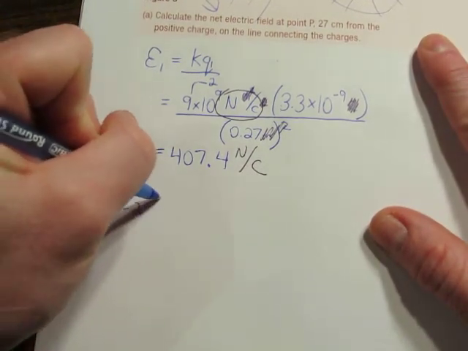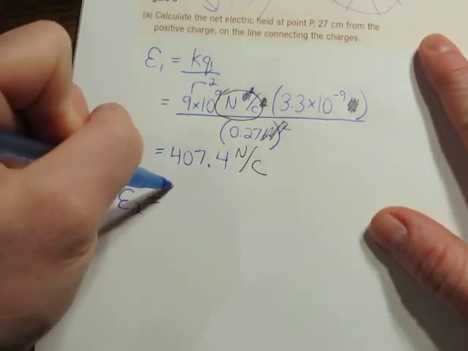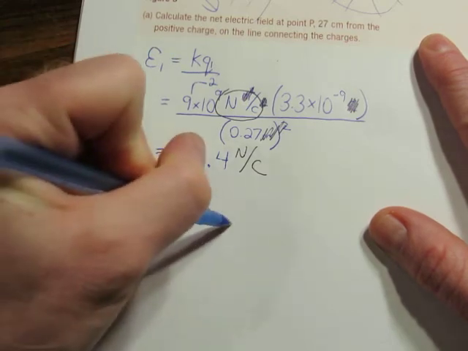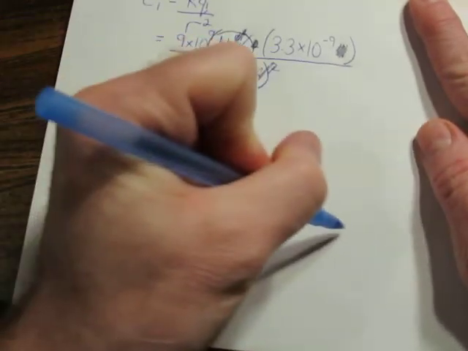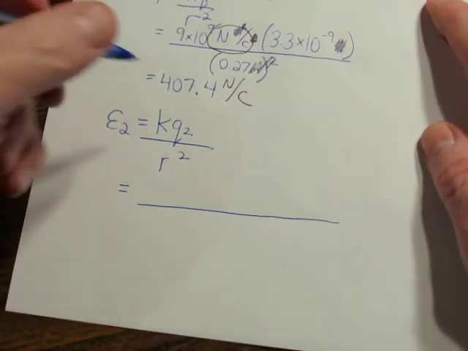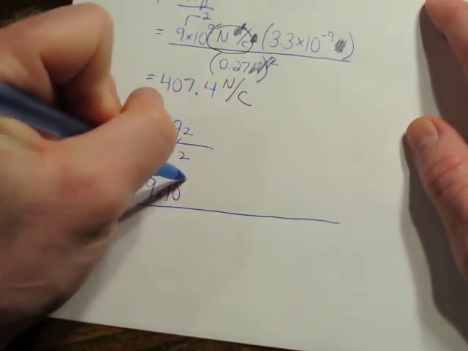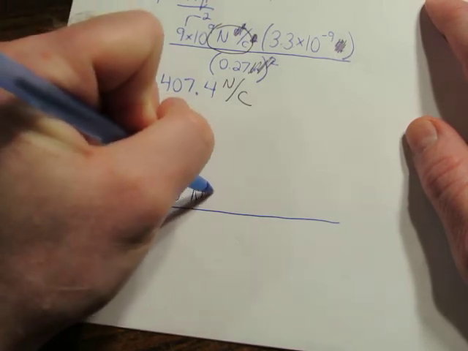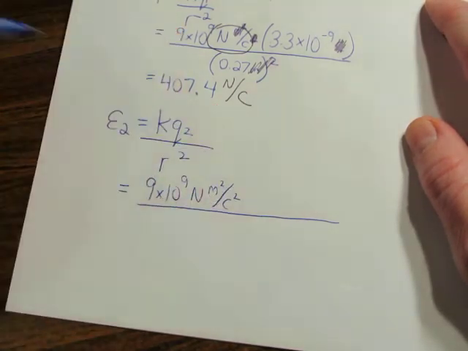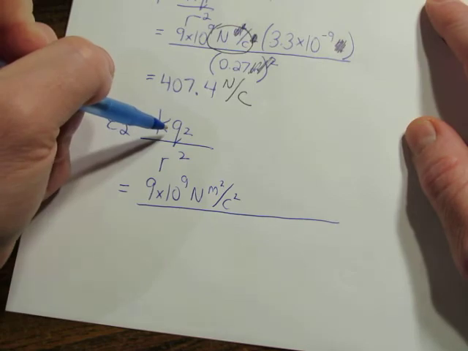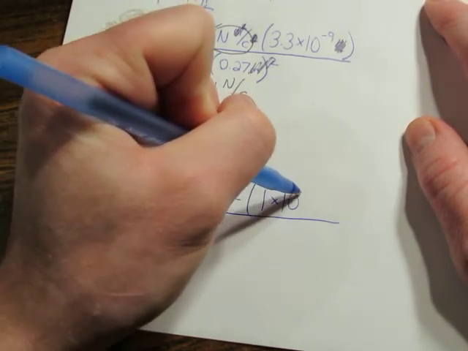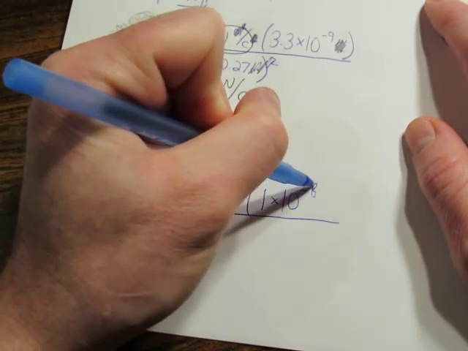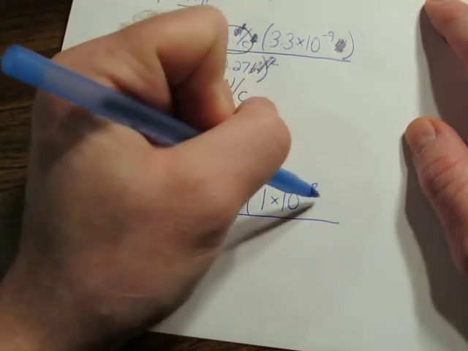The electric field provided by charge number 2, KQ2 divided by R squared. Now this is a different distance because it's the other half of the diagram. 9 times 10 to the 9 Newton meters squared over coulomb squared. This charge is 1 times 10 to the negative 8. And it's actually listed in the question as negative 1 times 10 to the negative 8.